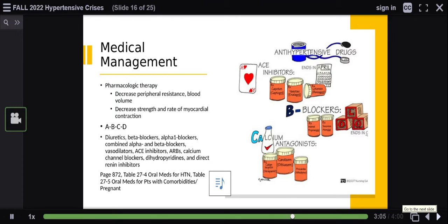The recommended first line antihypertensive medications for patients with comorbidity are displayed in 27-5. Remember, you start with low doses of medication. Your goal is to lower the blood pressure to less than 130/80, and the dose is increased gradually, and additional medications are included to achieve control of the blood pressure.